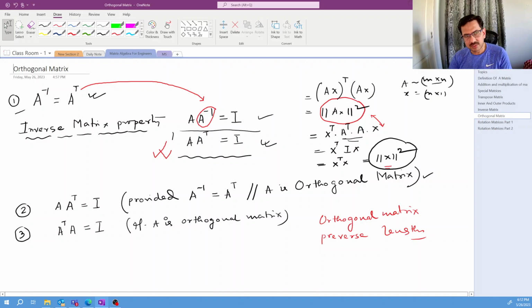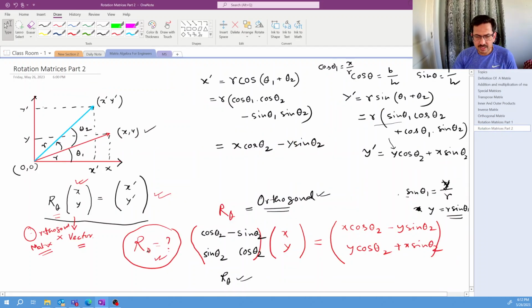So basically the inverse should be the same as the transpose, and any other properties that are part of an orthogonal matrix. But the main thing is to understand that because of this orthogonal property, we can do this kind of rotation of a matrix, and this is a very important concept.